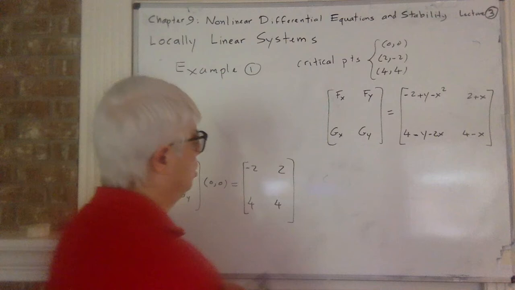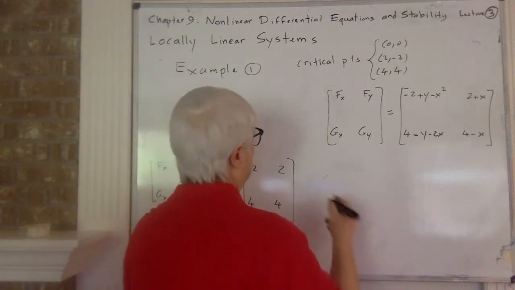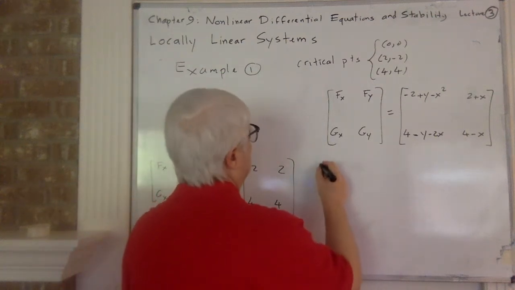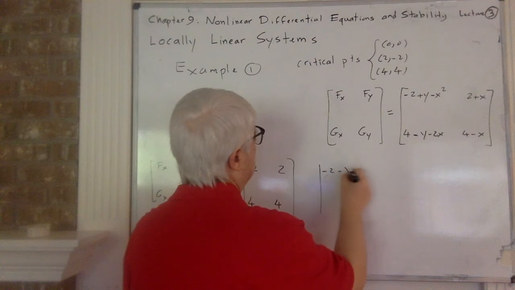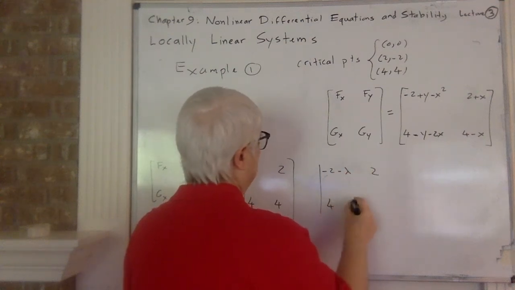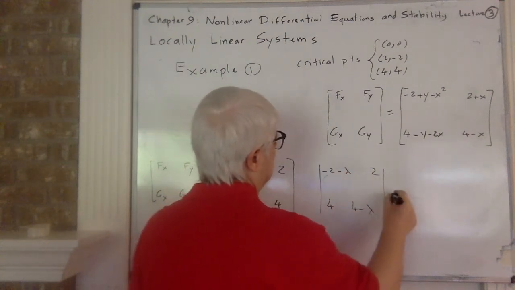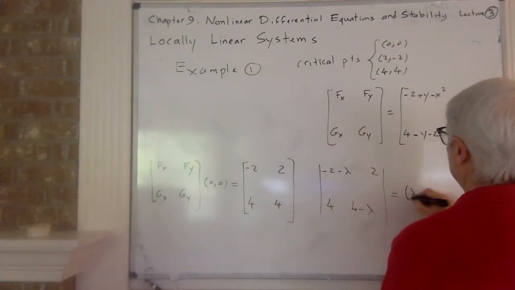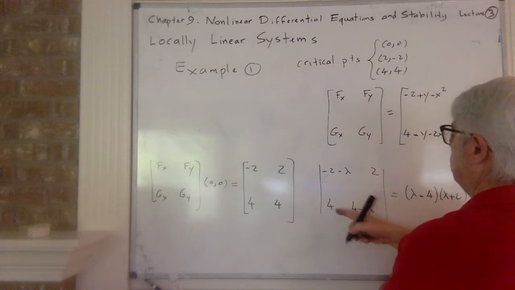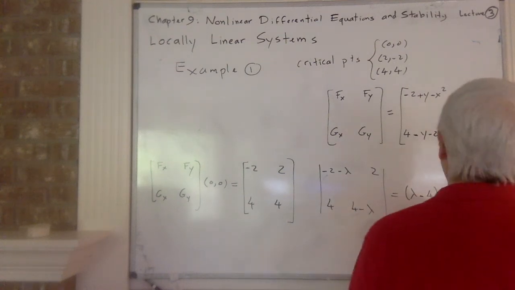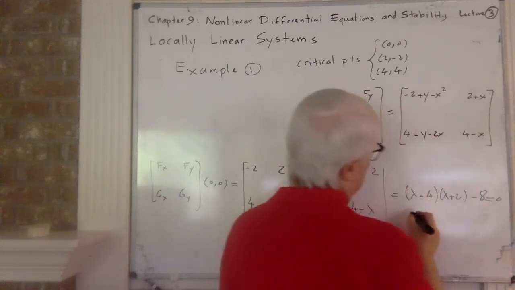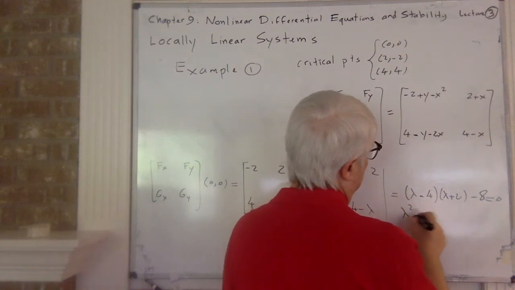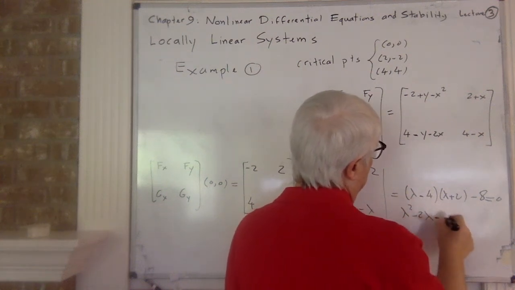Okay, eigenvalues. I just need eigenvalues, no eigenvectors. So eigenvalues are the determinant of minus 2 minus lambda, 2, 4, 4 minus lambda. So this time, let me immediately write with positive lambda squared minus 2 lambda minus 8.